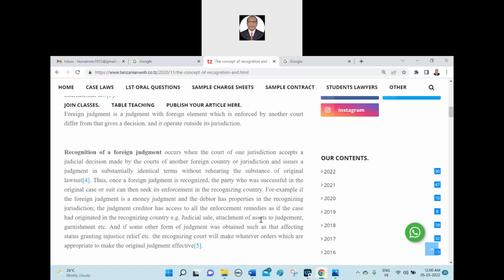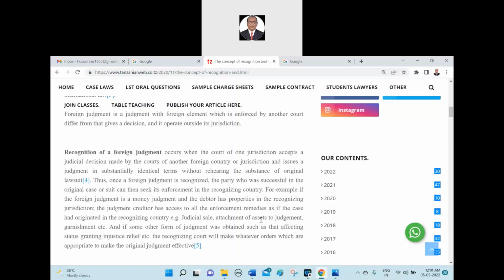And if some other form of judgment is obtained, such as one affecting status or granting injunctive relief, the recognizing court will make whatever orders are appropriate to make the original judgment effective. Suppose the judgment is given in a wrong way; that cannot be implemented in the lex fori.